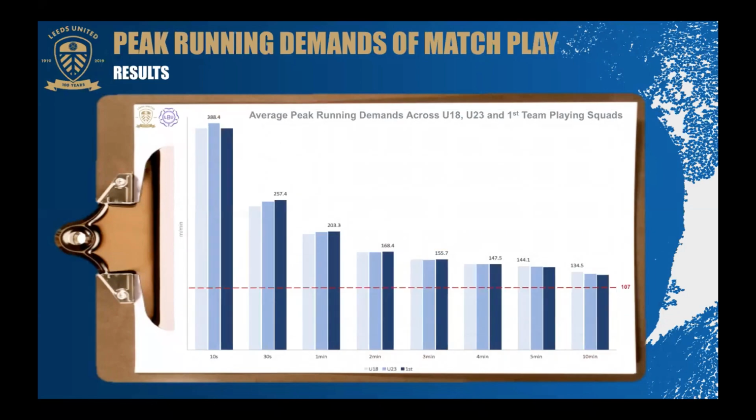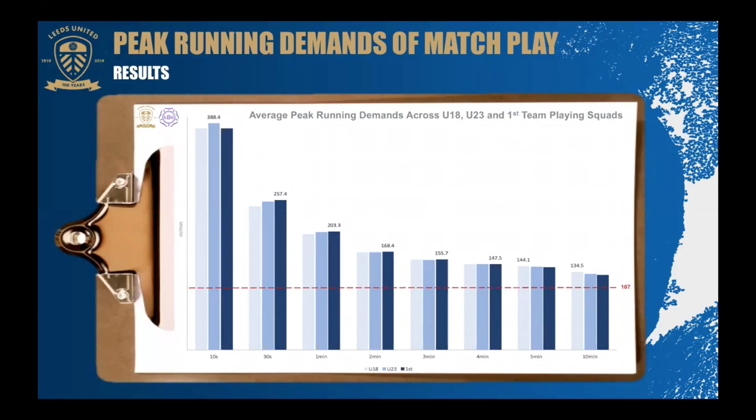Having a quick look at that in a graph, again, it shows the difference between time frames, from 10 seconds up to 10 minutes. There are slight differences between playing squads, but they all follow the same trend.